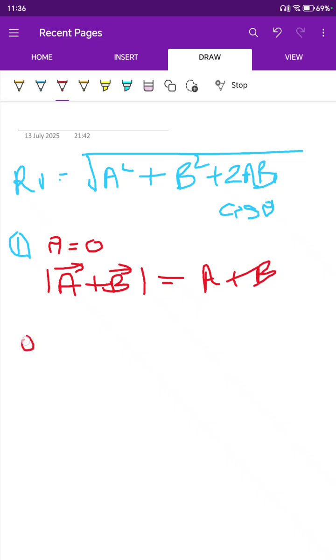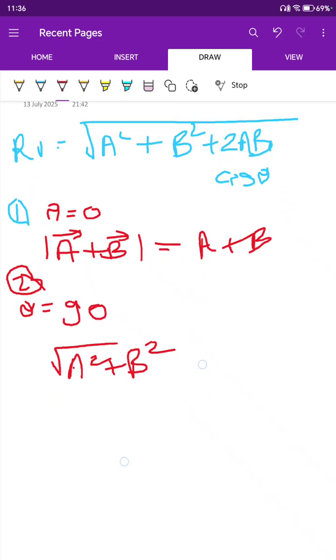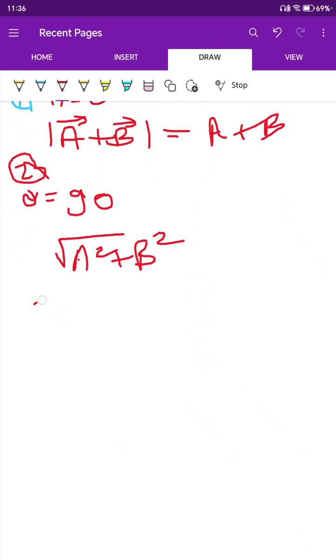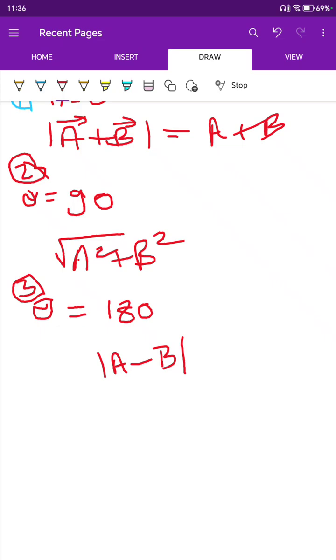Second, if we take theta equals 90, then the result would be simply root of a square plus b square. Okay, if theta equals 180, then the resultant would be a minus b, as cos 180 equals minus 1.